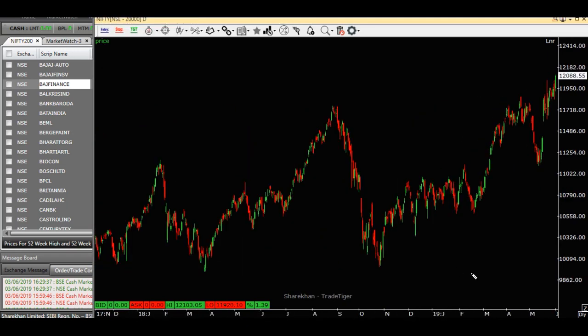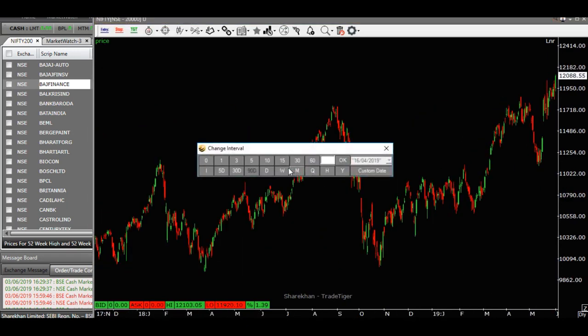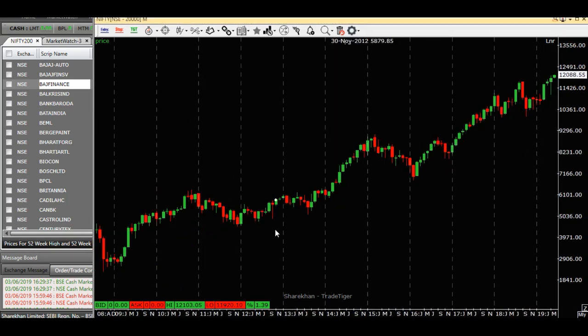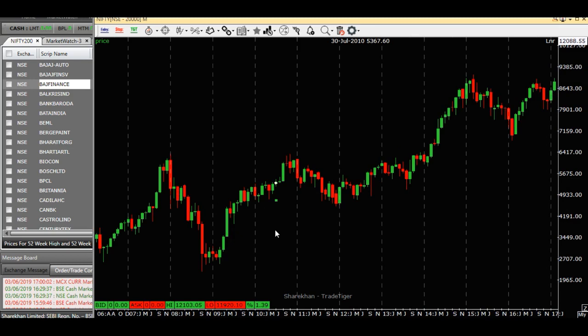Let's look at the chart of Nifty. We can also see this on higher time frames. That was on the daily time frame. Now let's look at it on the monthly time frame.